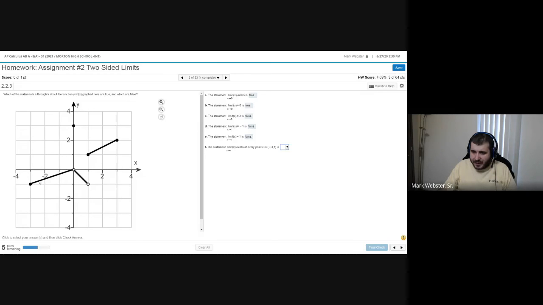Does every other spot have both arms from both directions coming to the same place? Yeah, so true. The key here is the parentheses mean that the endpoints aren't included in our search. We don't care about the endpoints.